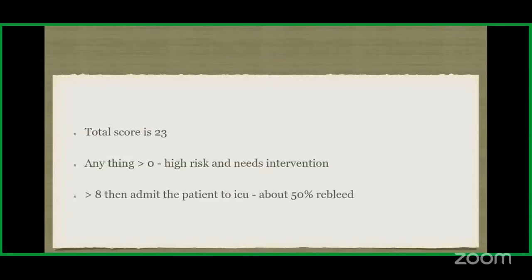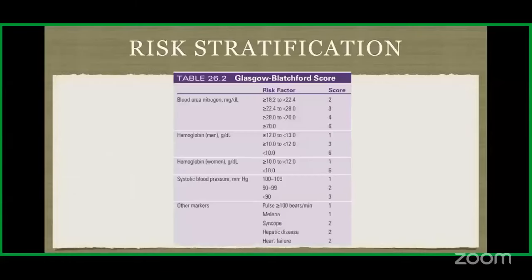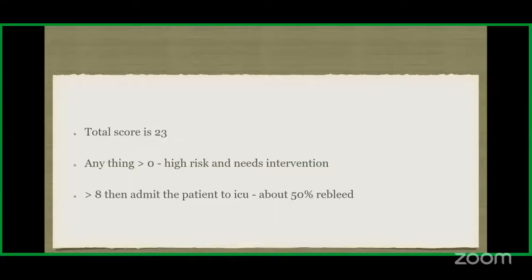For example, in the Glasgow-Blatchford score, we consider lab values like blood urea nitrogen, hemoglobin levels, and blood pressure, basically with underlying other conditions like hepatic disease and heart failure all included, and any score more than 0 indicates the patient needs intervention.